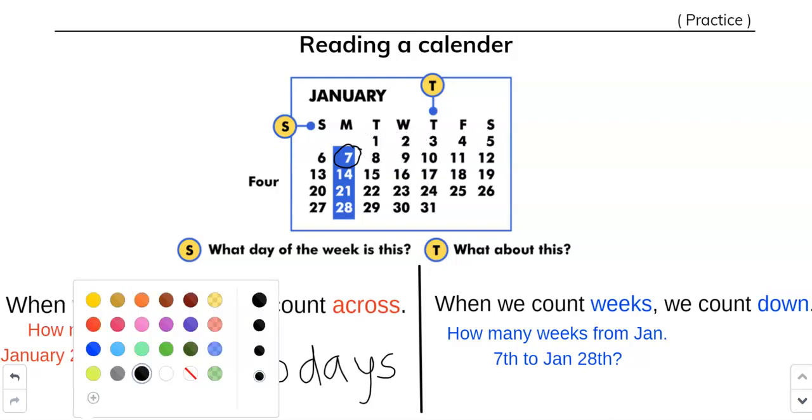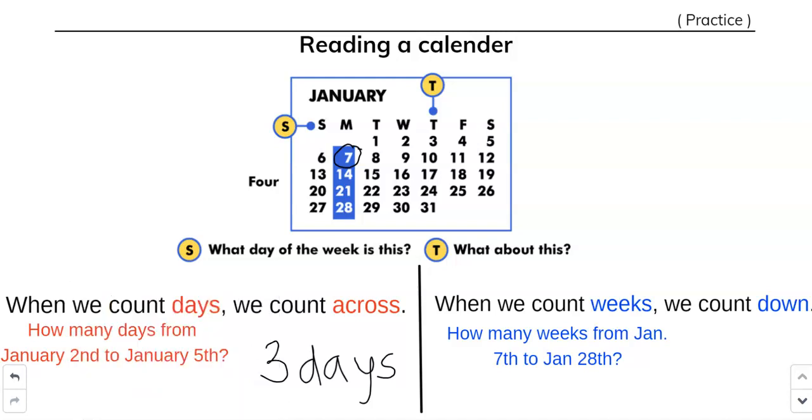So we'll still start on that January 7th, but instead we are going to count down. So starting here, just like in the problem before, we count this as 0, and then we count 1, 2, 3. So 3 weeks from January 7th to January 28th.